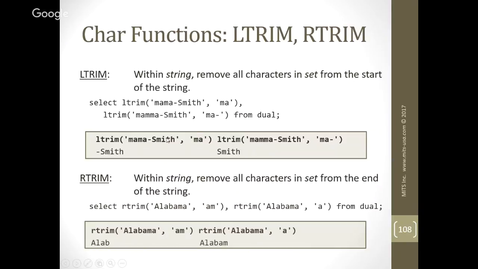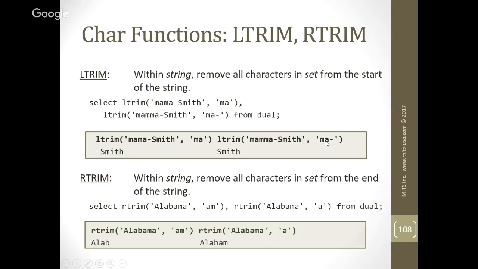So it's looking for this match, and it drops everything to the left of it. So it removes all characters in the set from the start of the string. Because MAM all gets removed as well.